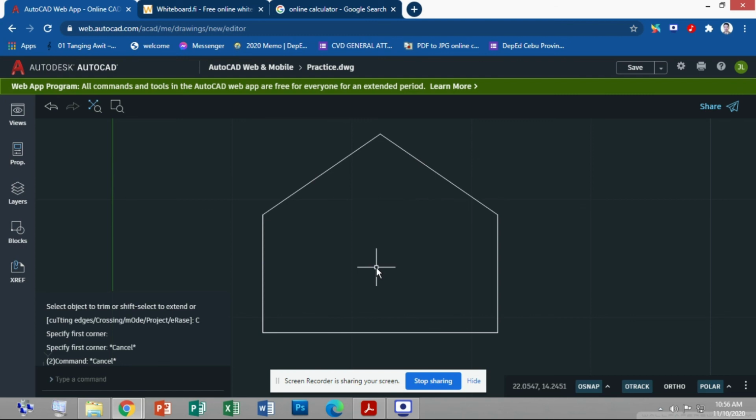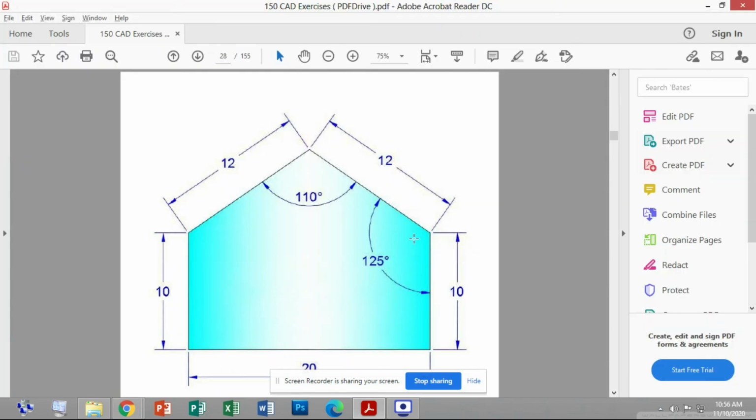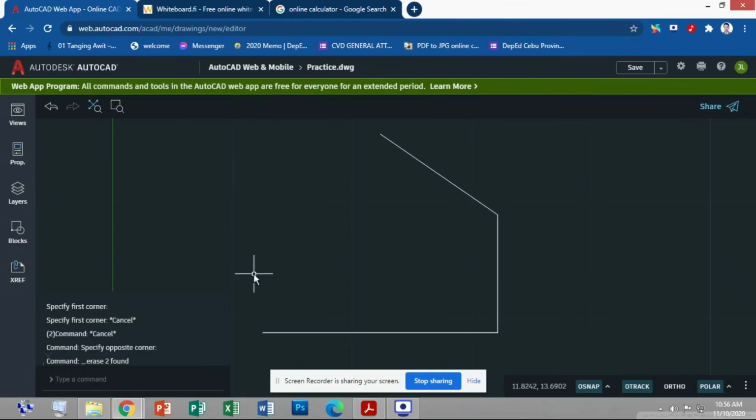And actually, there is a shortcut. Whenever we have this problem, delete ko muna ito. For example, nakita ninyo na itong side na ito is kapareho lang ng side na ito. There is actually a command in AutoCAD that can give you the mirror image of this side.